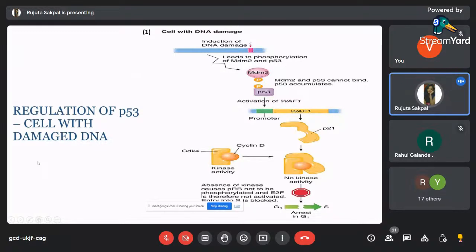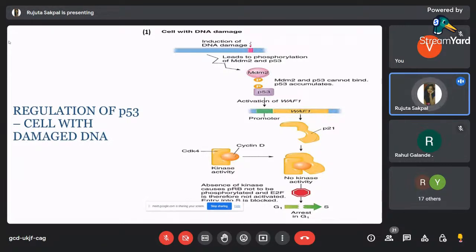Activated P53 achieves its function by modulating target genes or interacting with their proteins. In this case, P53 concentration is high, and it can induce cell cycle arrest and death. As I said earlier, P53 is an anti-cancer agent, so it prevents the cell from dividing by arresting it in G1 or by apoptosis.